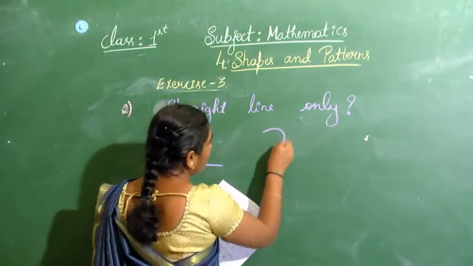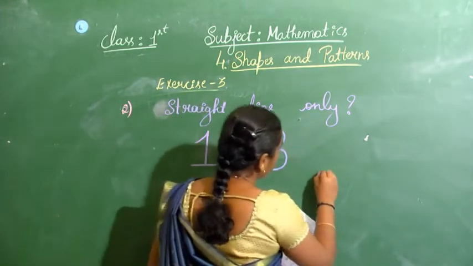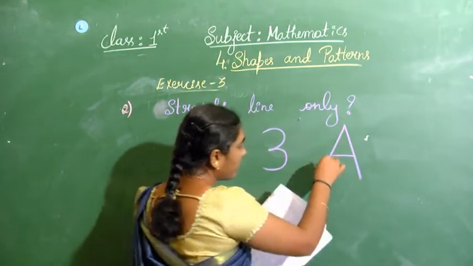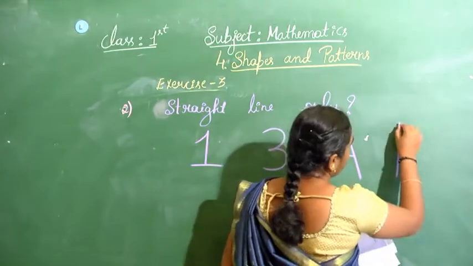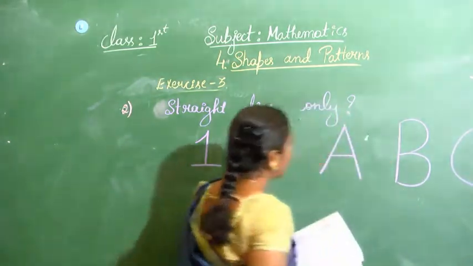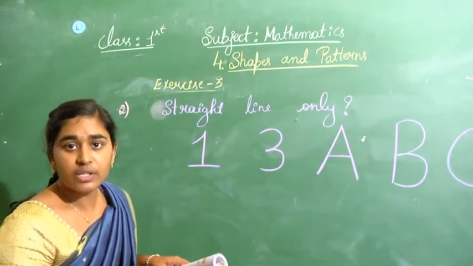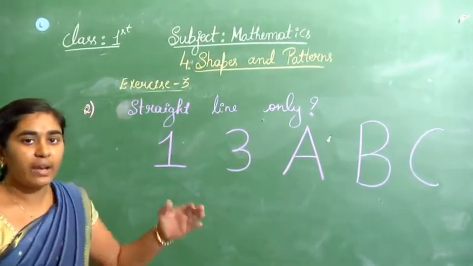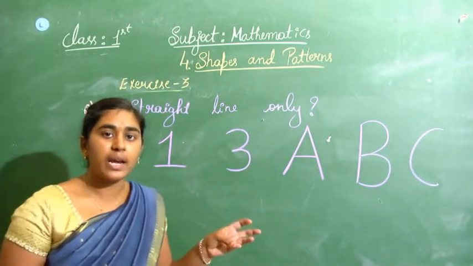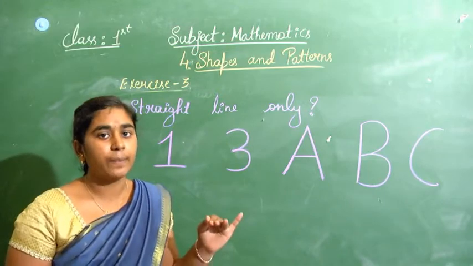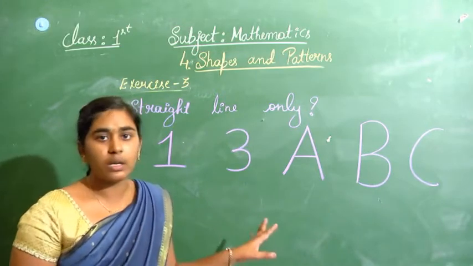Number 1, 3, alphabet A, capital B, and capital C. Now tell me which of these are made up of straight lines only. Only it should be having straight lines. Either it may be standing or sleeping or slanting. Out of these three, it should be of any one without the curved line.